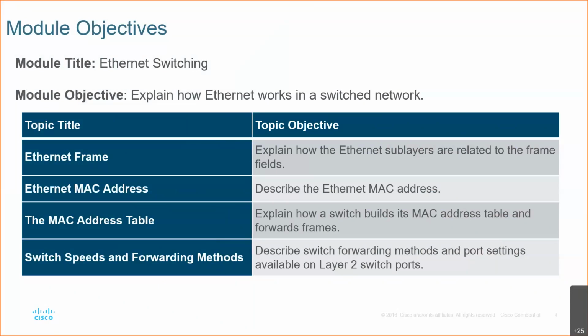We'll be looking at the MAC address table, okay? Specifically, the MAC address table that is existing in the switch and how it updates that table. And we'll also look at switch speeds and forwarding methods.